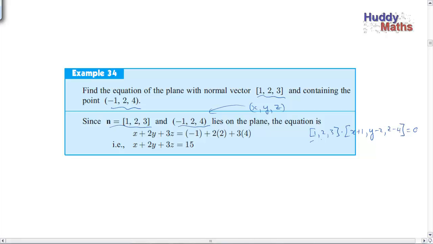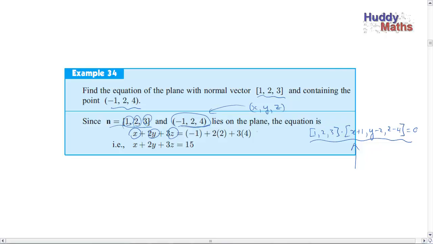If you're asked to show that, that was the normal. But the upshot of that is this. It's 1x from there, 2y, 3z, and then sub this point in. Okay, so you don't need to do this derivation over here unless it's a show that. You want to conclusively show why it's the equation of the plane.